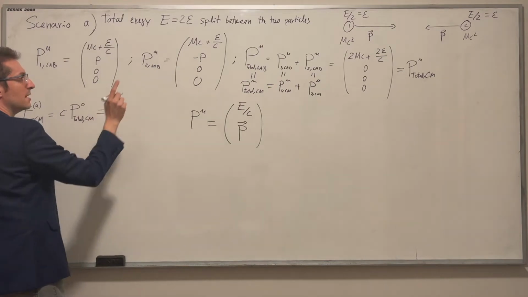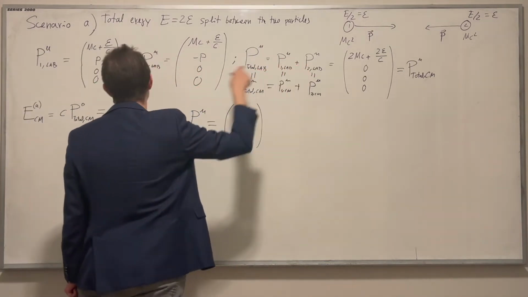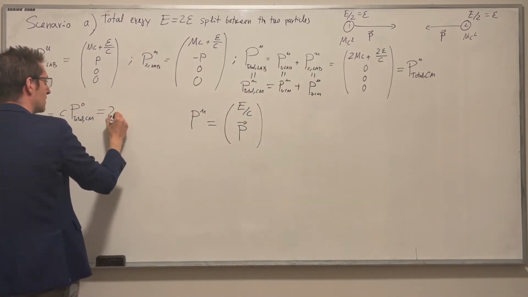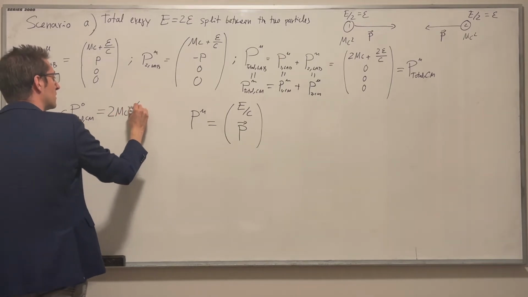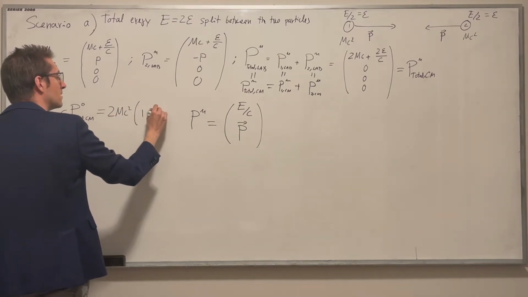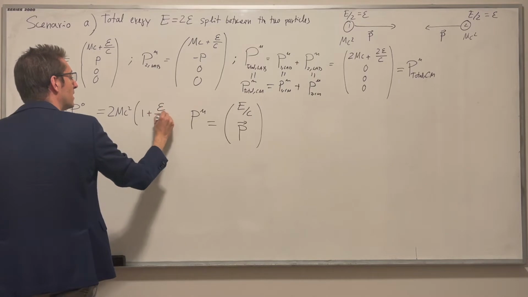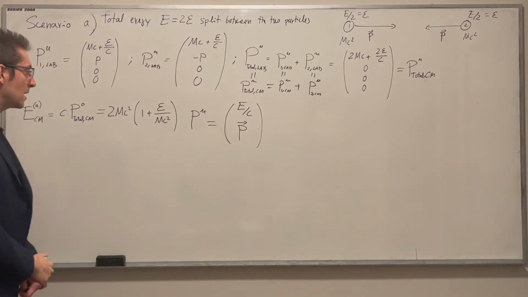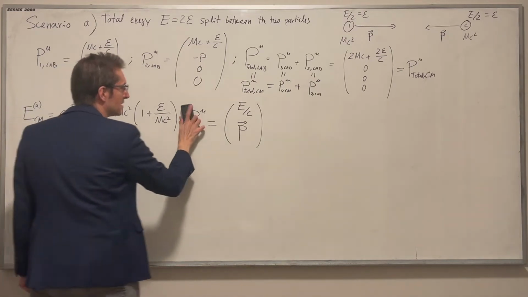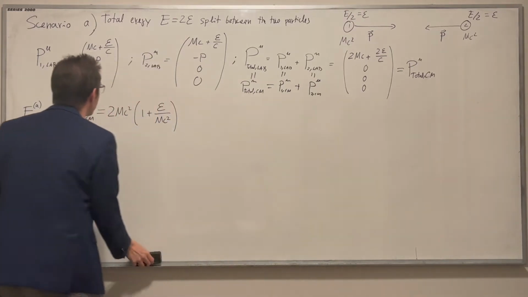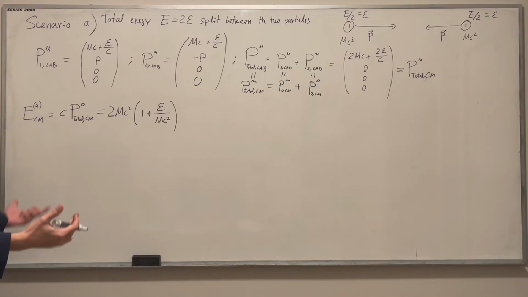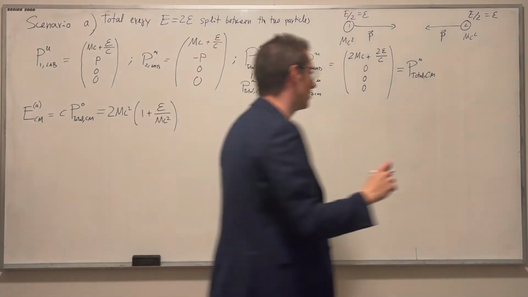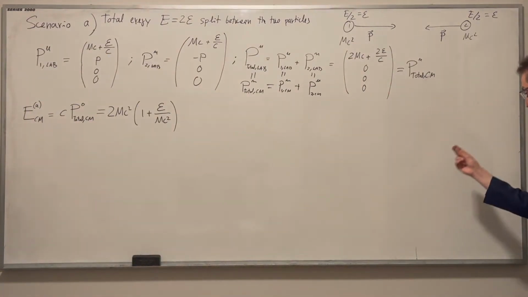And this is, let me just get a common factor, 2mc squared outside. So we have 2mc squared that multiplies 1 plus calligraphic E divided by mc squared. And I can erase this, which is now in the way, and we don't need it for now. All right, so this is the first result that we need. Let me collect it here.